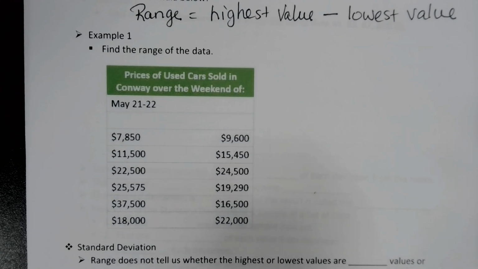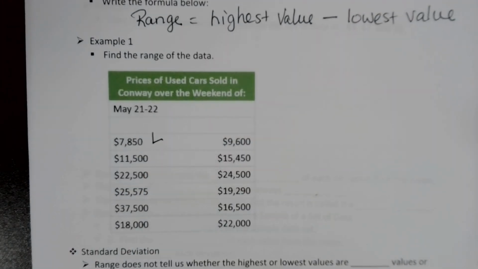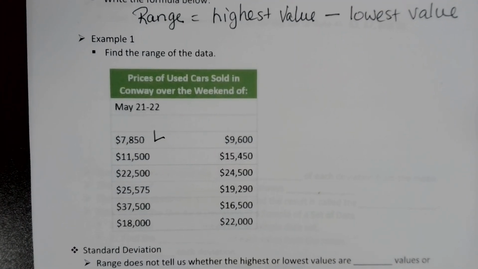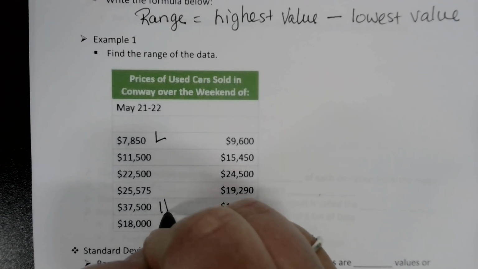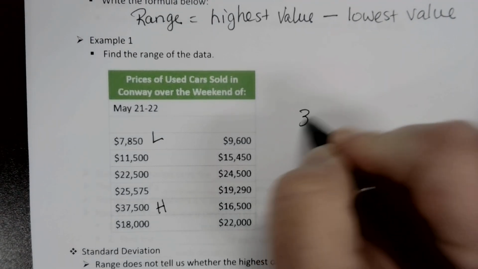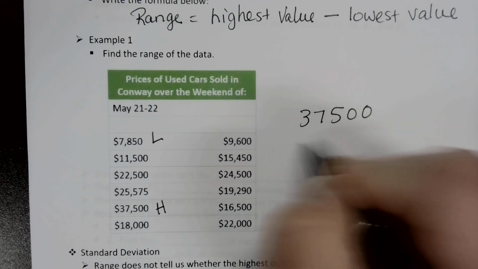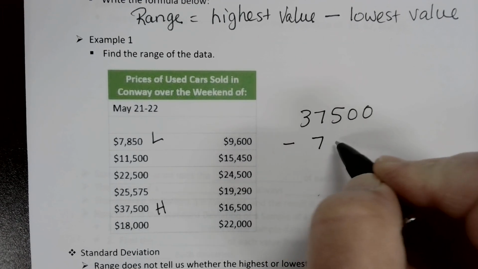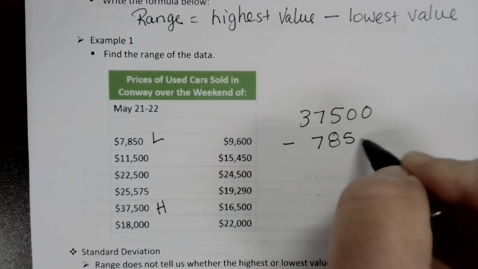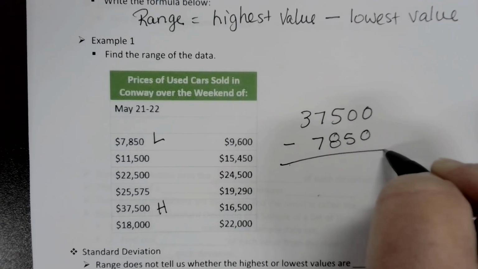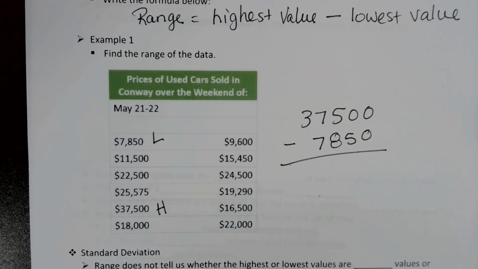Where's the lowest value? Here, right? Where's the highest value? Here. So 37,500 minus 7,850. That's all you're doing. And I'm not asking you to do it by hand.